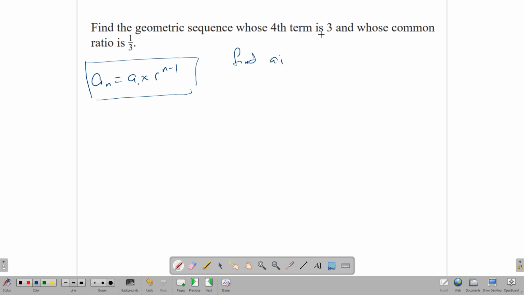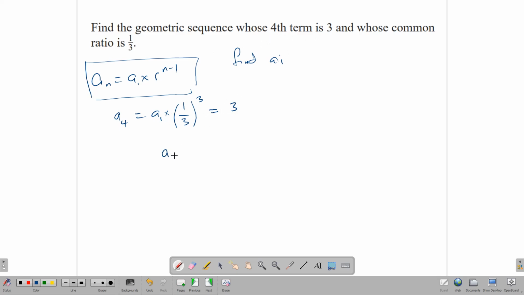The fourth term is 3, so we know that A4 is going to be equal to A1 times the common ratio, 1/3, to the 4 minus 1, which gives us 3.